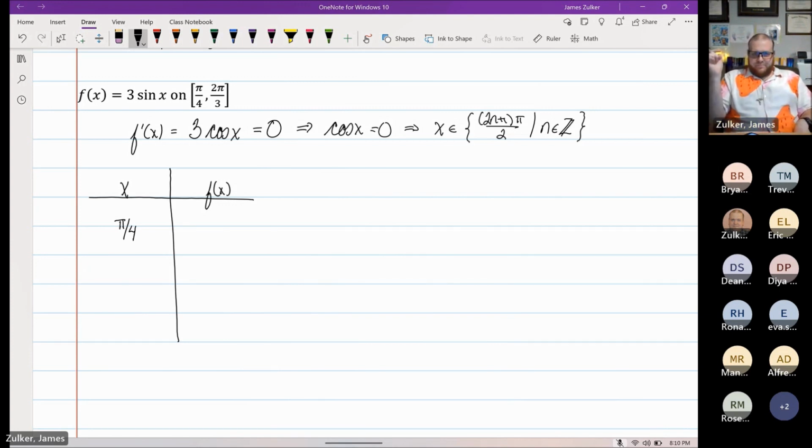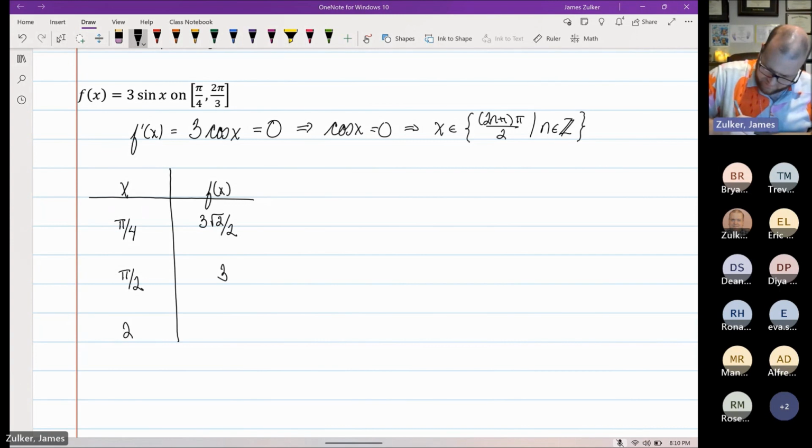Pi over 4, three root 2 over 2. Next up is pi over 2. And then 2 pi over 3.